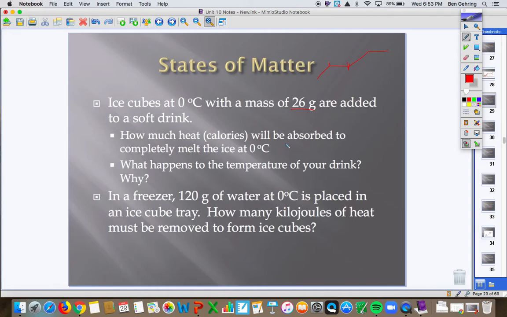So for this, we know that our heat of fusion, I'll call it H sub F, is 80 calories per gram. And I know that I have 26 grams of water.